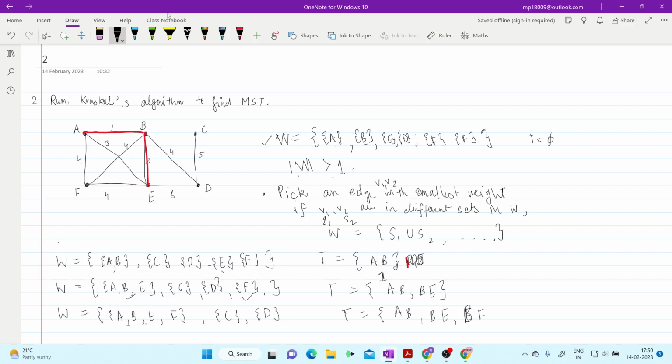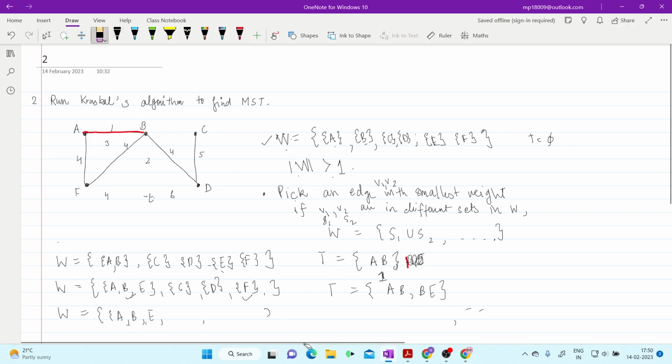So first was AB, then it was BE. Now the next edge was AE. But can we accept that edge AE? Okay, sorry, you are right. After BE, the next smallest edge is AE.